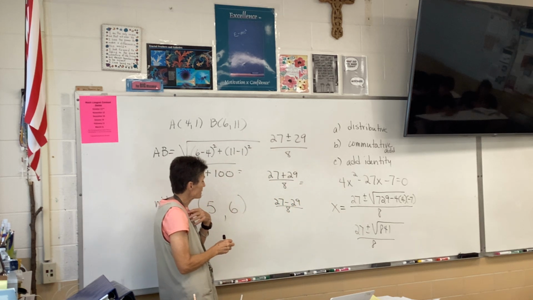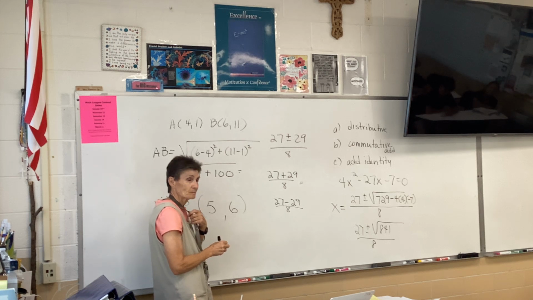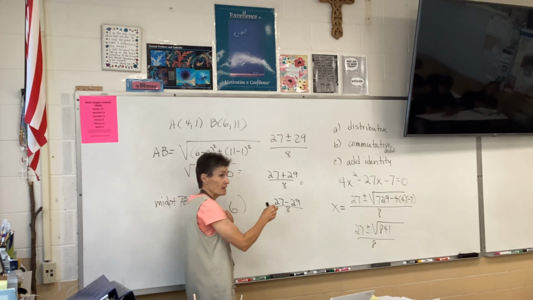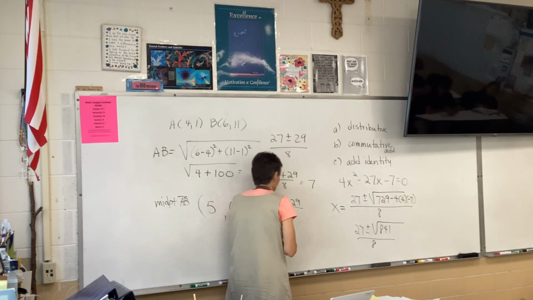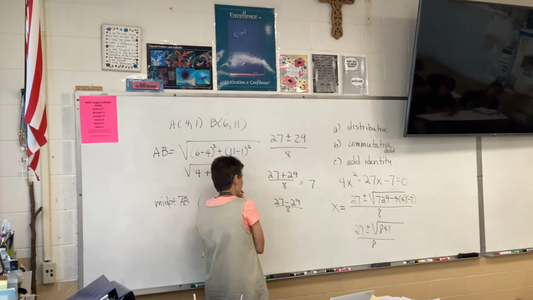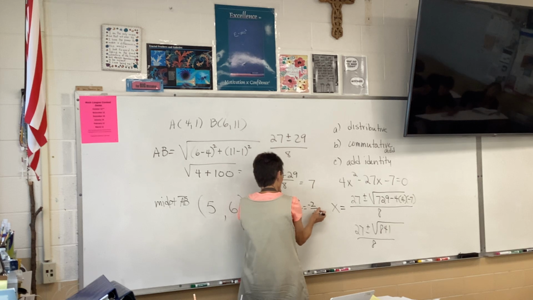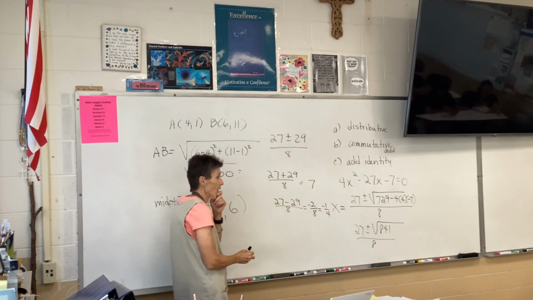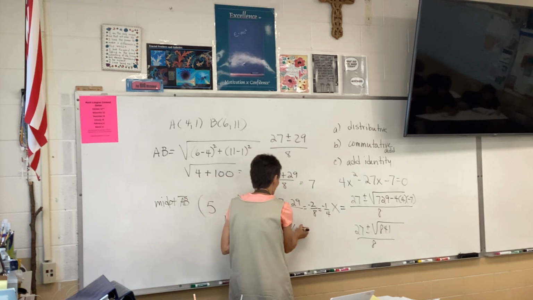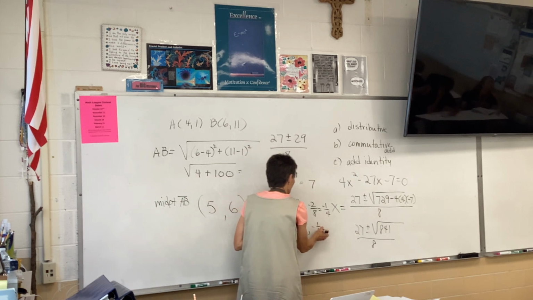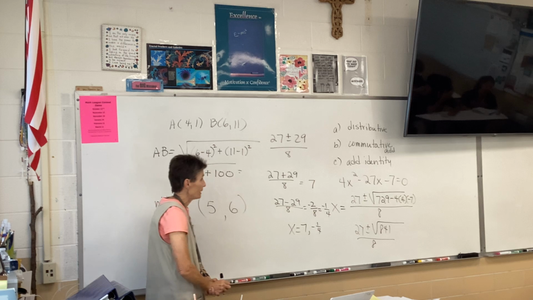All right, what's 27 plus 29? 56 divided by 8 is 7. 27 minus 29 is -2, -1/4. And those are the answers to the problem. x is 7, or x is -1/4.